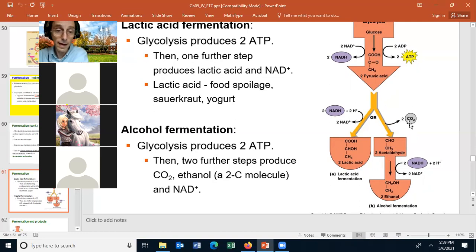Any question about that? The CO2 in sourdough is given off and causes the bread to rise. And that's alcoholic fermentation.